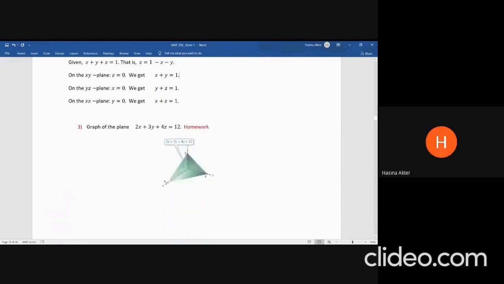Similarly, see this portion. This is a bluish portion. As I said, just think that you have kept something at the corner where there is a vacuum between the plane and the corner, and the portion of the plane looks like a triangle.